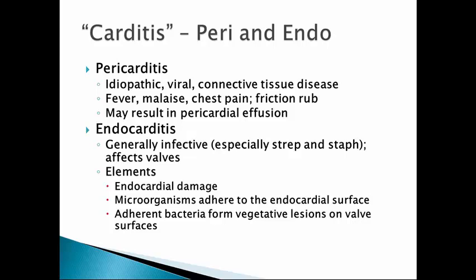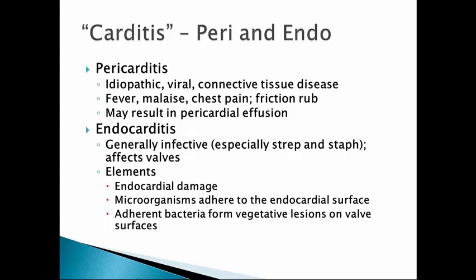And so this may be idiopathic, which means we're not completely sure what caused it, viral, or it may be due to connective tissue disease. The common connective tissue disease would include sarcoidosis, or this could actually be uremic. Now, that's not a connective tissue disease, but a uremic pericarditis can occur because of the irritation of the nitrogen-based uremic toxins.